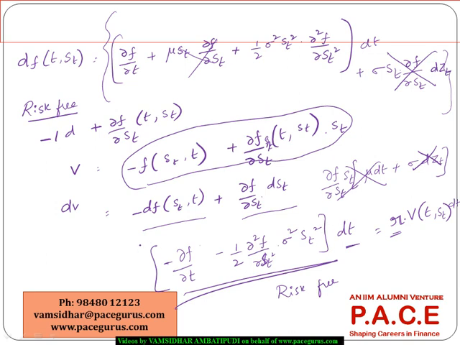So which means the calculation is coming out as minus dou f by dou t minus half sigma squared st squared dou square f by dou st squared.